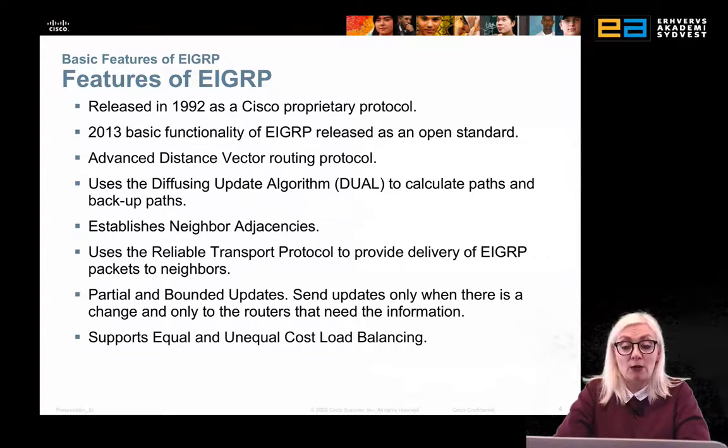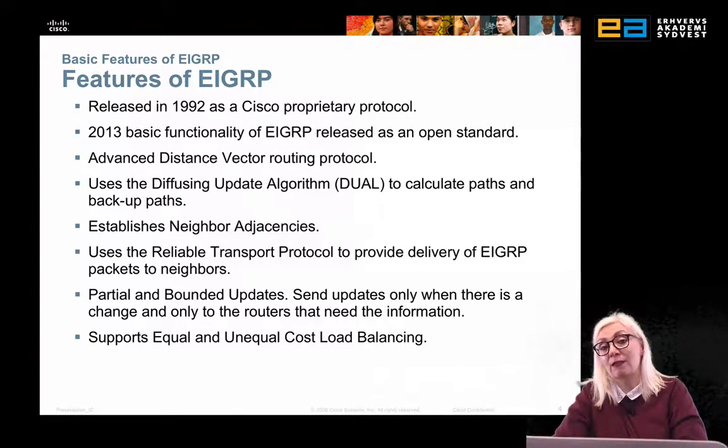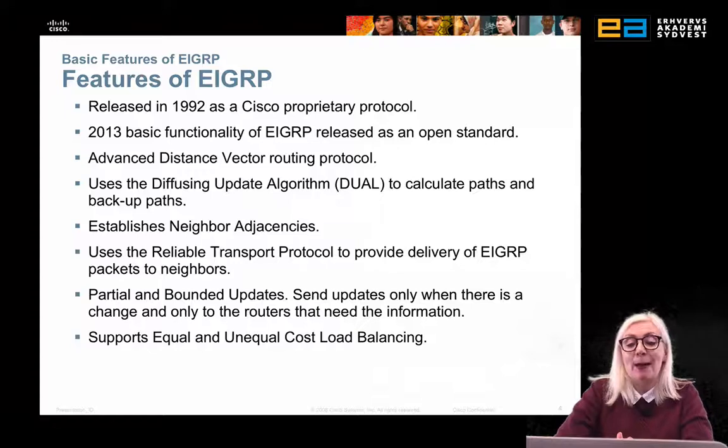EIGRP uses partial and bounded updates. For instance, RIP sends out its entire routing table every 30 seconds, whereas EIGRP only sends out the things that have changed. That is the partial part. And it only sends out when there is a change, not always, not every 5 seconds.